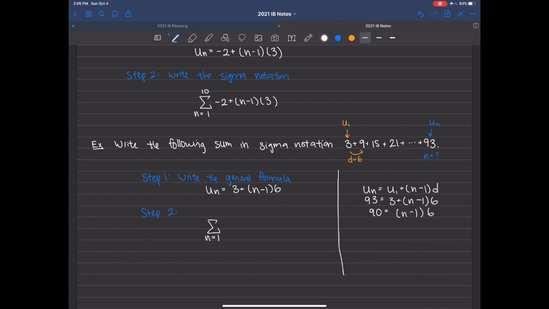And then if we divide 6 on both sides, we get that 15 is equal to n minus 1. So adding 1 to both sides, we find that n is equal to 16. So that tells us that this is the 16th term in the sequence, and so we would want n to range from n equals 1 up to 16. We want to add together the first 16 terms, and there's our rule.